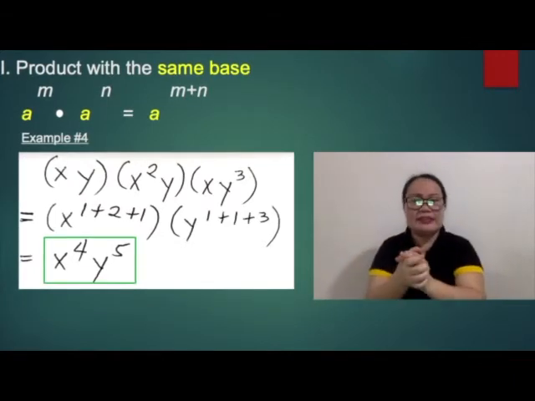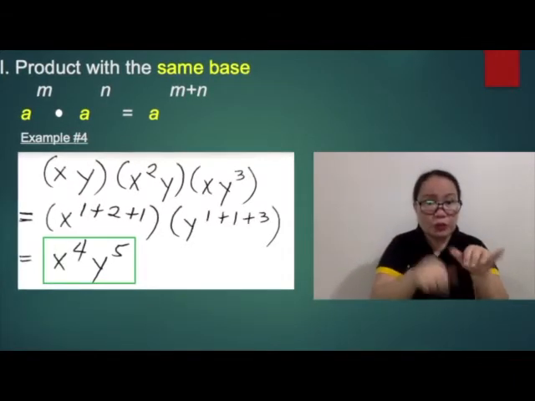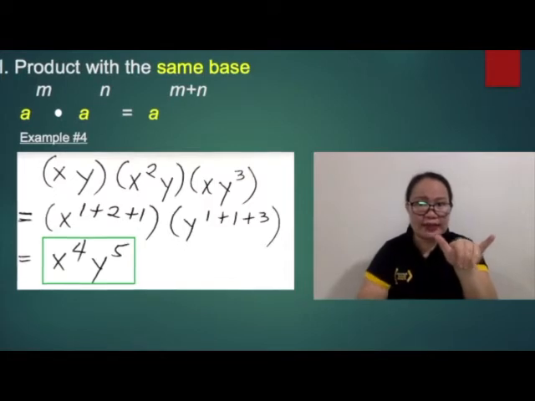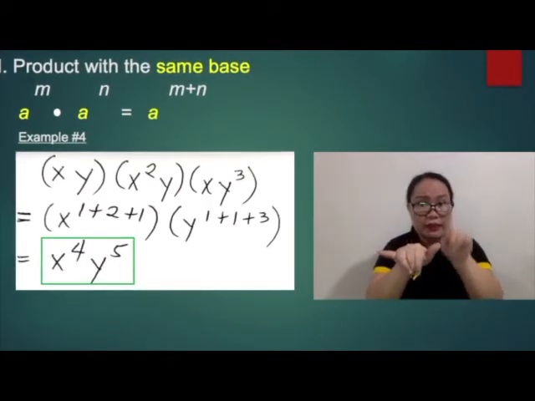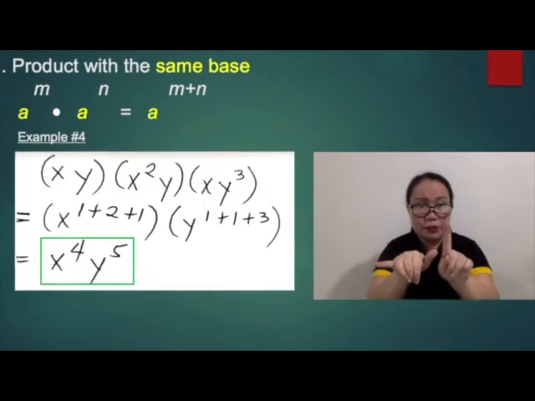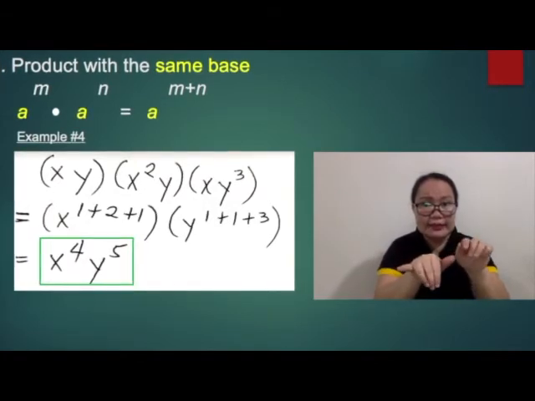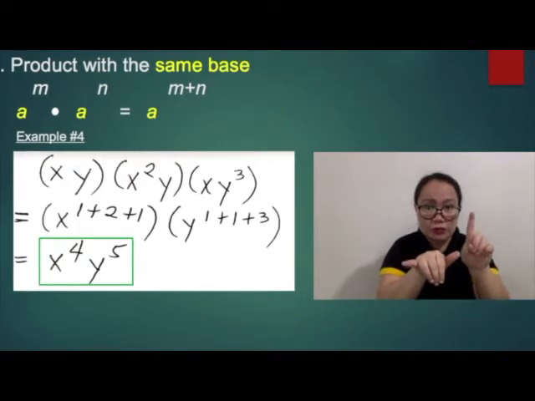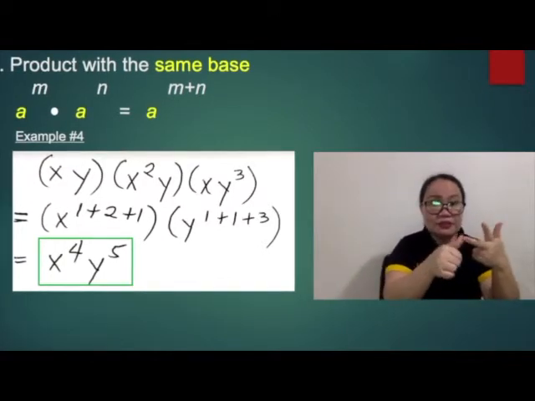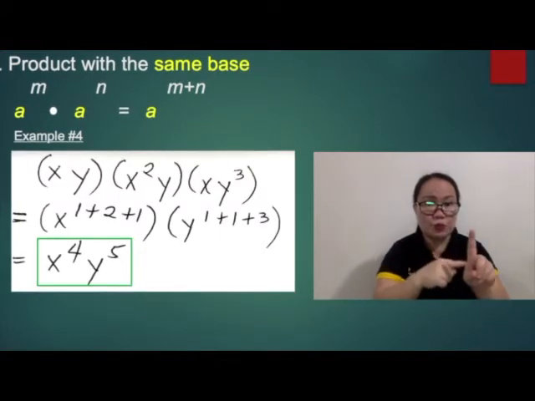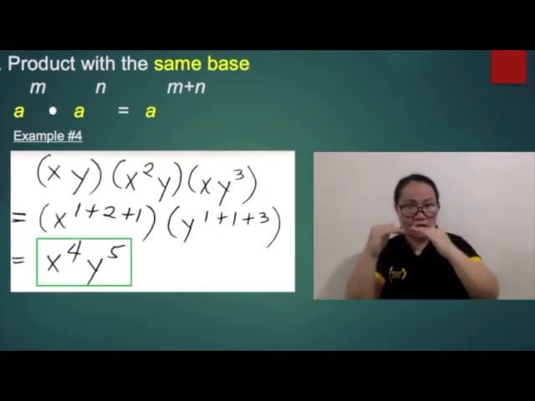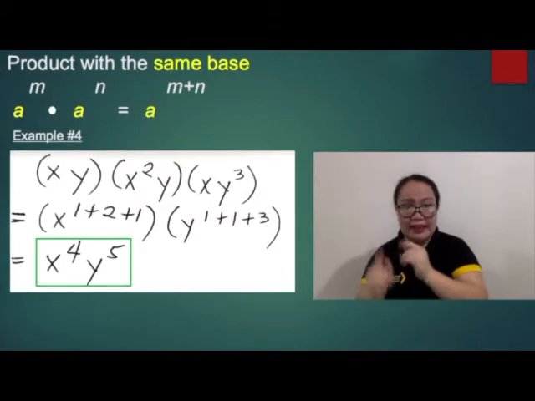Enclose this with parentheses, and then we'll continue with the exponents of y. On the first term, y has 1 as an exponent, and then on the second, it also has 1, and then on the third, 3. So simply add 1 plus 1 plus 3. So let's proceed to the final answer.